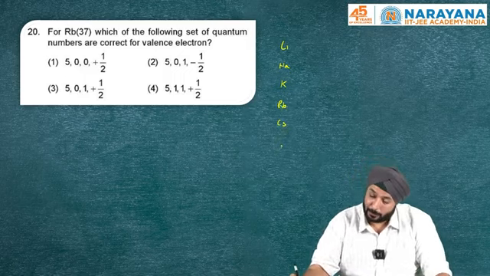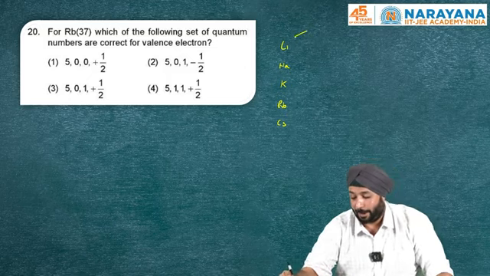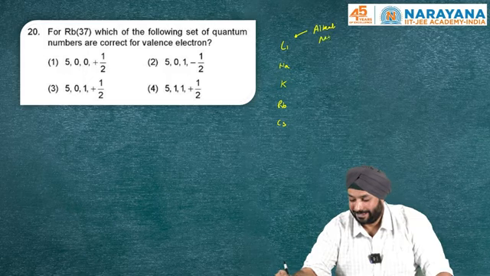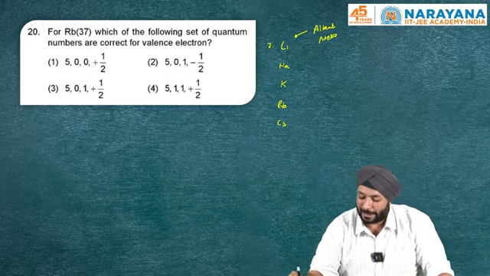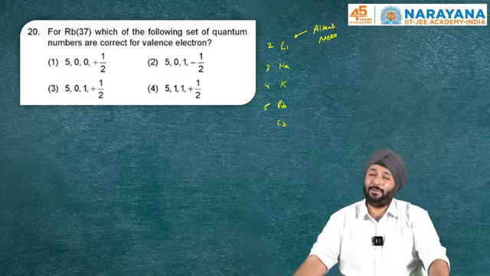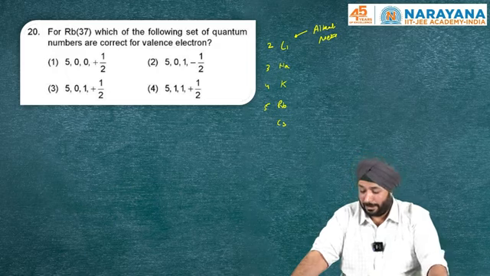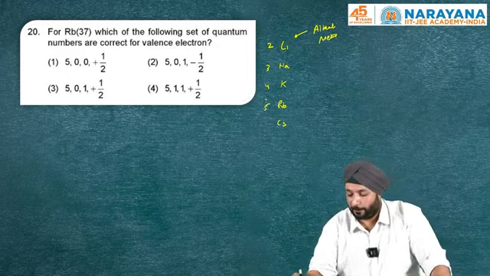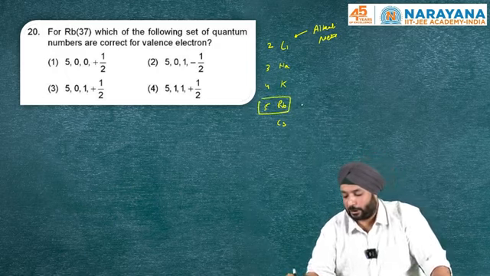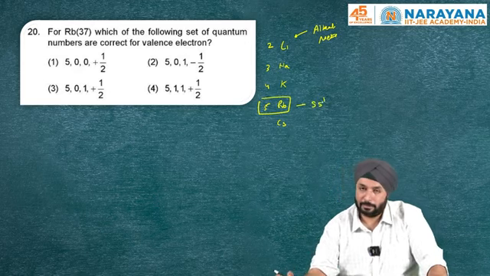All of us know rubidium is a part of alkali metals, and there's second period, third period, fourth period, fifth period. So no need to write down the Aufbau principle, calculate the outside electron. Rubidium is a fifth period element, so the valence shell is 5s1.